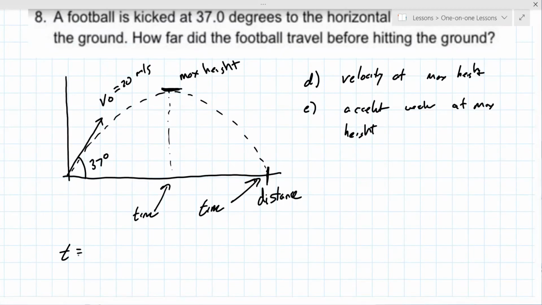I'll label this all out. This is 37 degrees, and this is 20 meters per second. The previous problems we had, Vy.